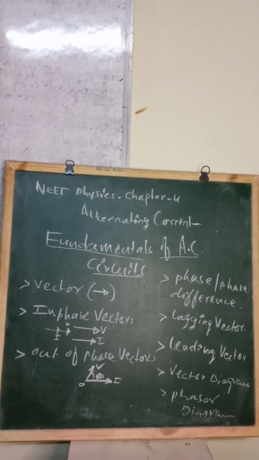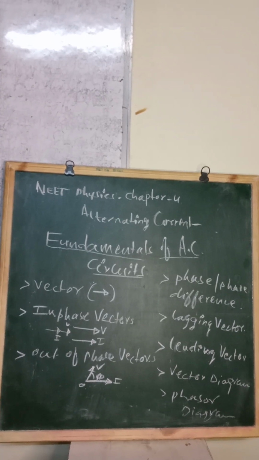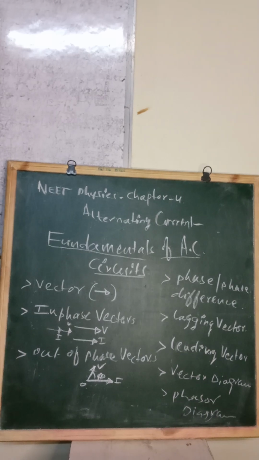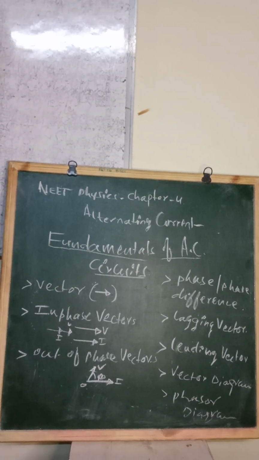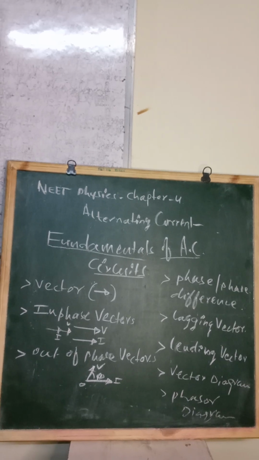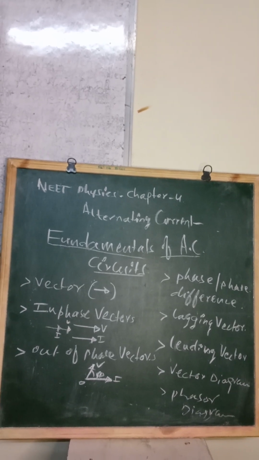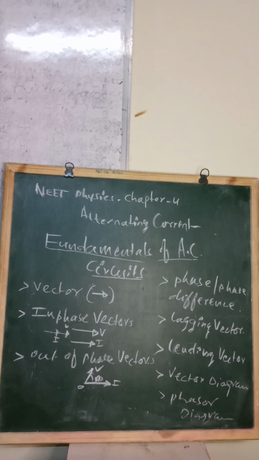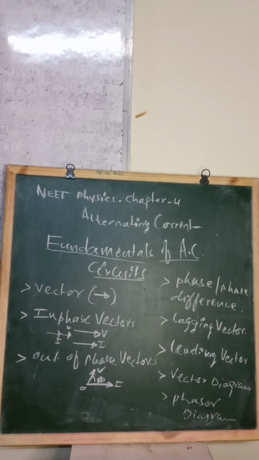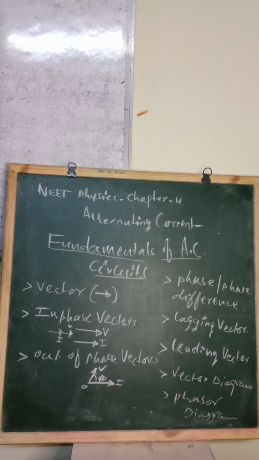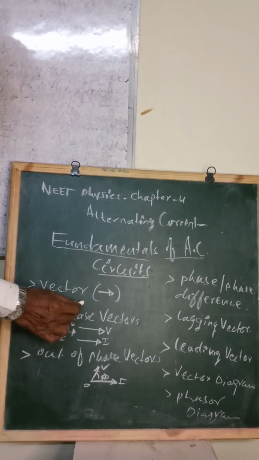That is, we should understand the vector and its other parameters. Now you may be thinking, why should we discuss the vector once again? Because all the electrical quantities are vector quantities. That's why we must first define the vector. This is a vector.